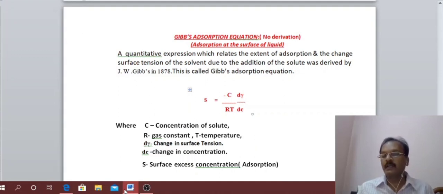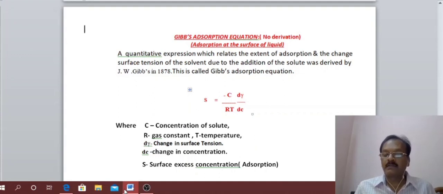After having the solvent in the beaker, let me study how the surface tension of a liquid or a solvent varies on adding a solute. If we add a solute to the liquid, and the concentration of the solute is more on the surface than in the bulk of the solvent, it causes a decrease in the surface tension of the solvent.